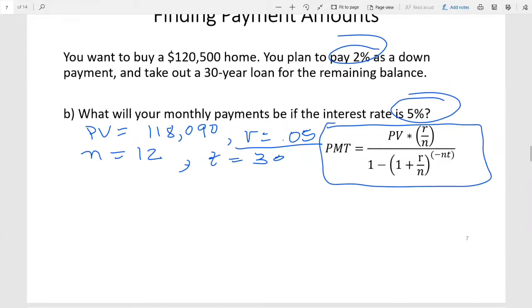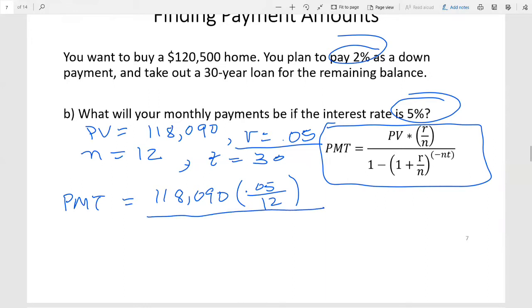So the payment is equal to 118,090 times 0.05 divided by N, which is 12, divided by 1 minus (1 plus 0.05 divided by 12) to the minus 360 power.